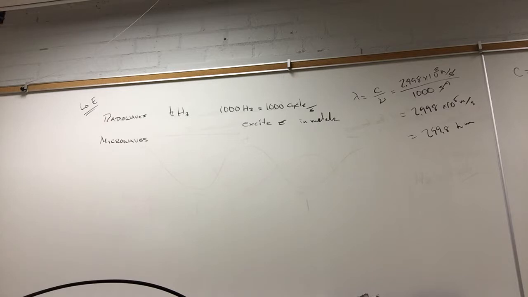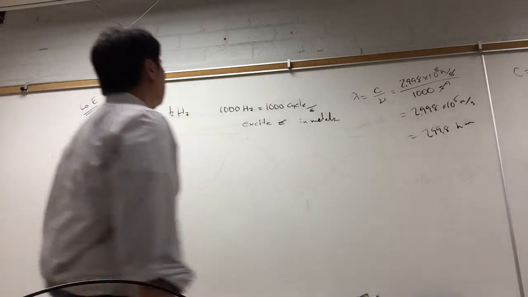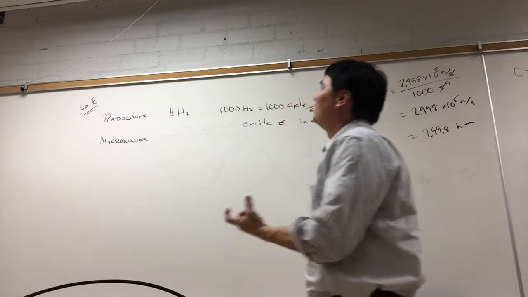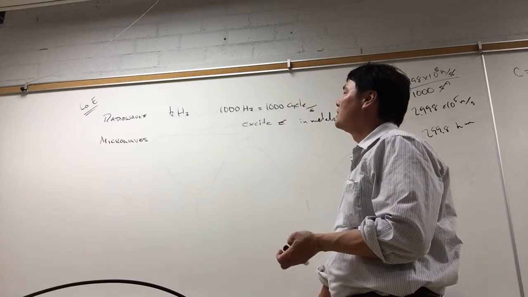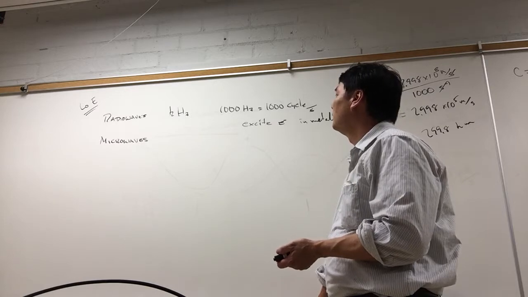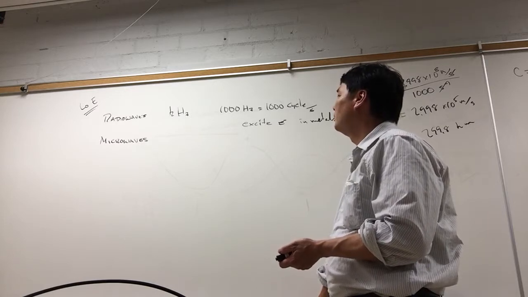The AM radio has like 1,000 kilohertz. Ooh, that's right, kilohertz. So if it's 1,000 kilohertz, then it's like 10 to the 6. Yeah, that'd be 10 to the 6.